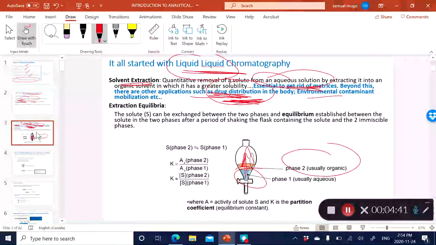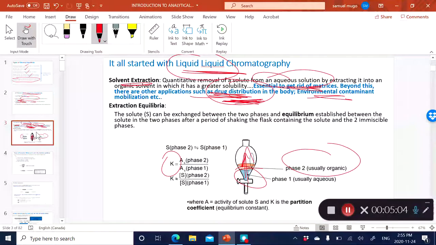Or even in environmental contaminant mobilization, how environmental contaminants distribute in the environment. It's another major application of this type of theory. So the K in this case is what you refer to as the partition equilibrium.